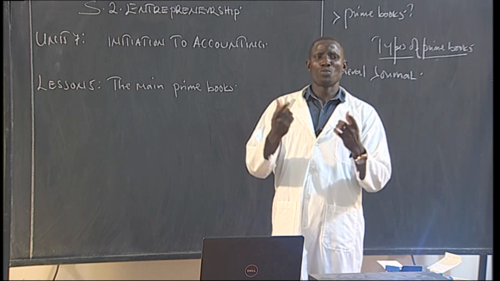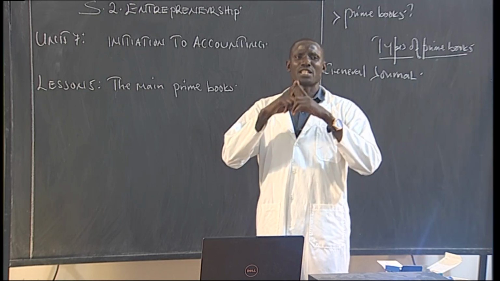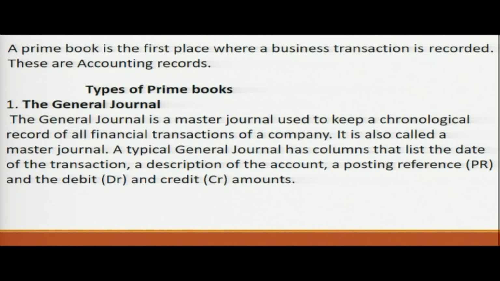And we say that this general journal is a master journal used to keep chronological record of all financial transactions of a company. When we talk of chronological records, it is systematic.